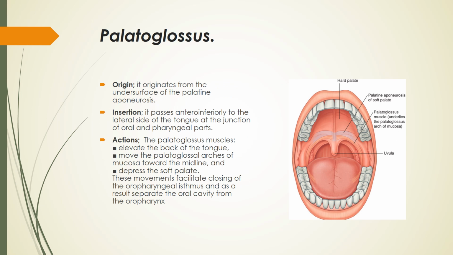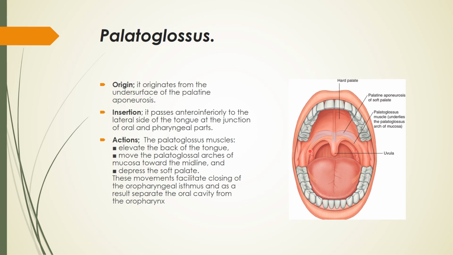Palatoglossus muscle takes origin from the under surface of the palatine aponeurosis. You have studied the palatine aponeurosis yesterday. It passes anteroinferiorly on each side, where when it is covered with mucosa, it forms the palatoglossal arch.